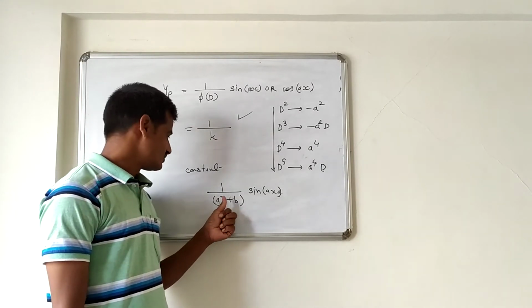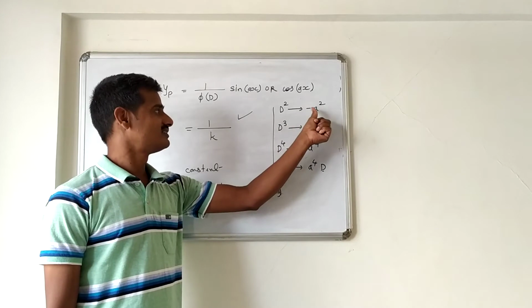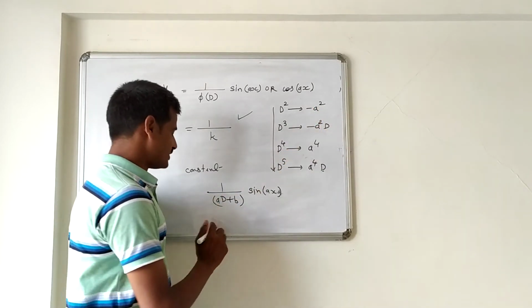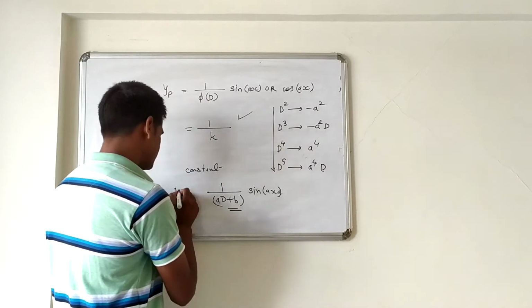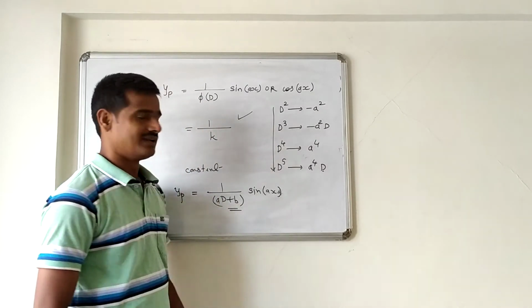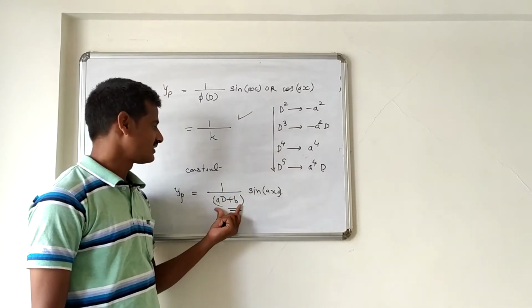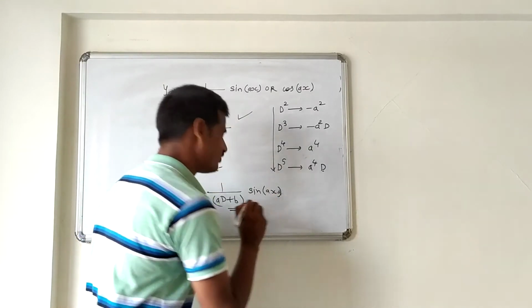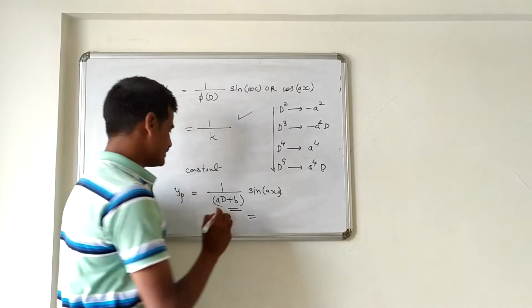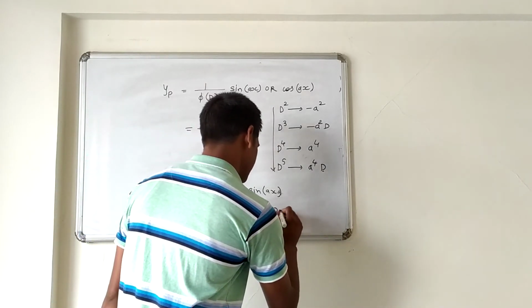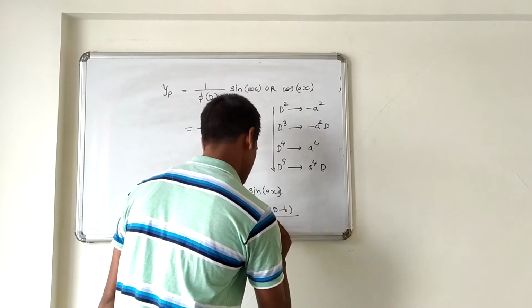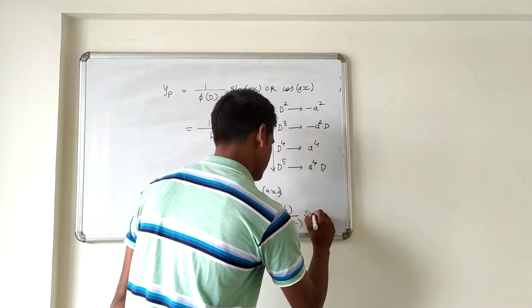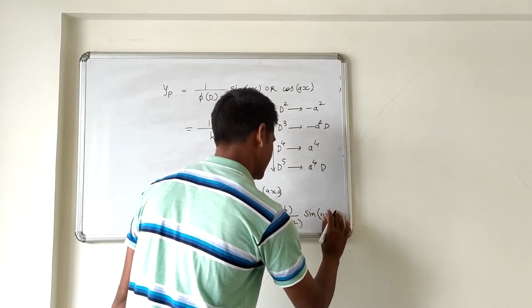Because there is no d square or d cube to replace by minus a square or minus a square d. If you come across 1 upon a linear factor in d operated on sine of ax anywhere while solving an example, you always go for rationalization. So multiply and divide by this factor, giving a square d square minus b square operated on sine of ax.